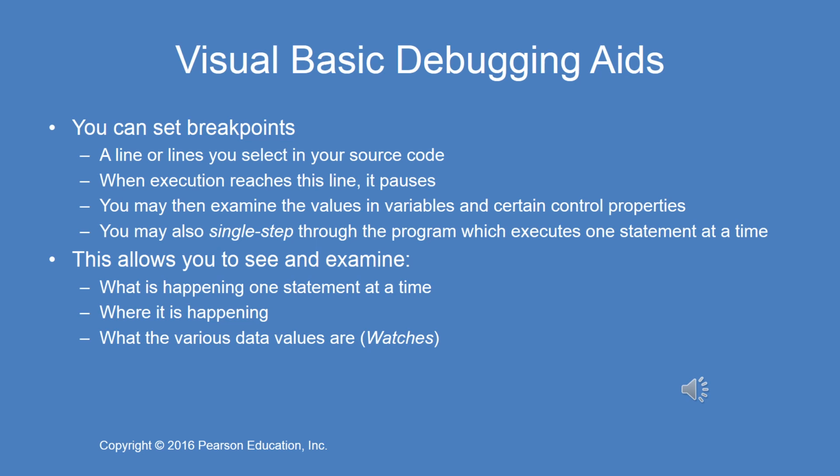So you can see in slow motion, one statement at a time, what's happening. And in most cases, you'll use this tool and find the logic error. Oh, I assigned the wrong value, or that equation, that calculation is incorrect.